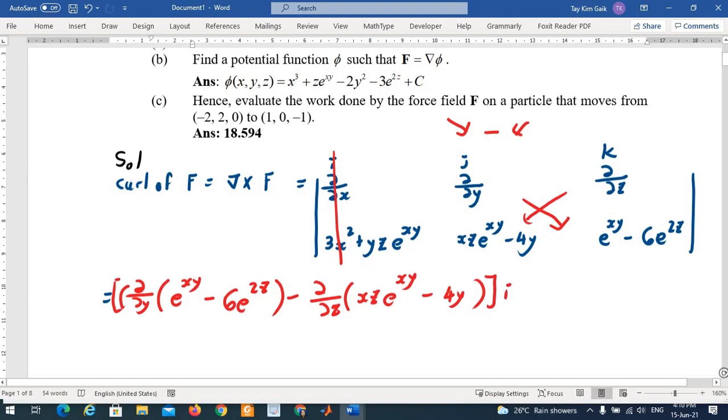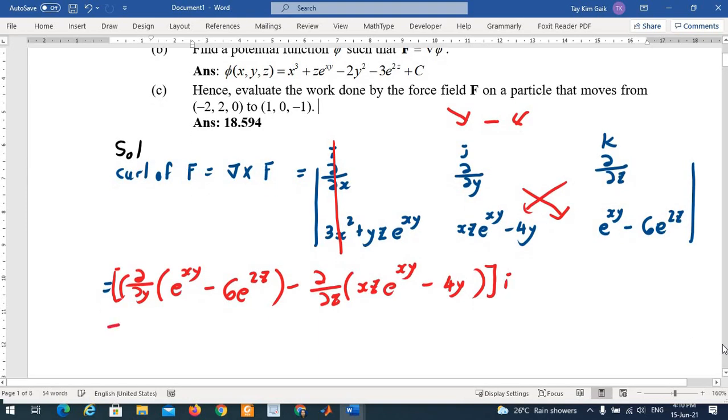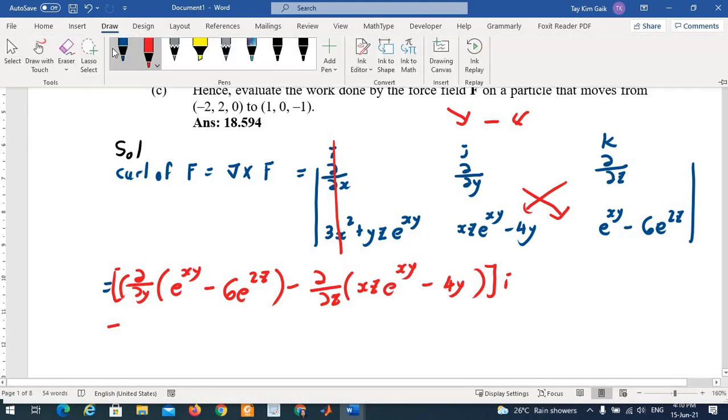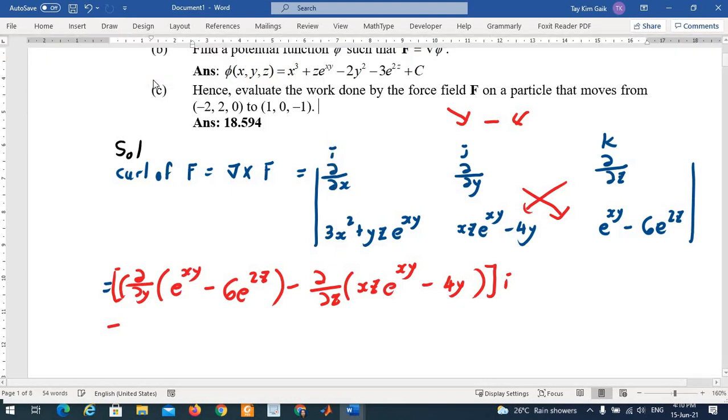Component j is negative, because you cross out the component j, and i cross k is negative j.